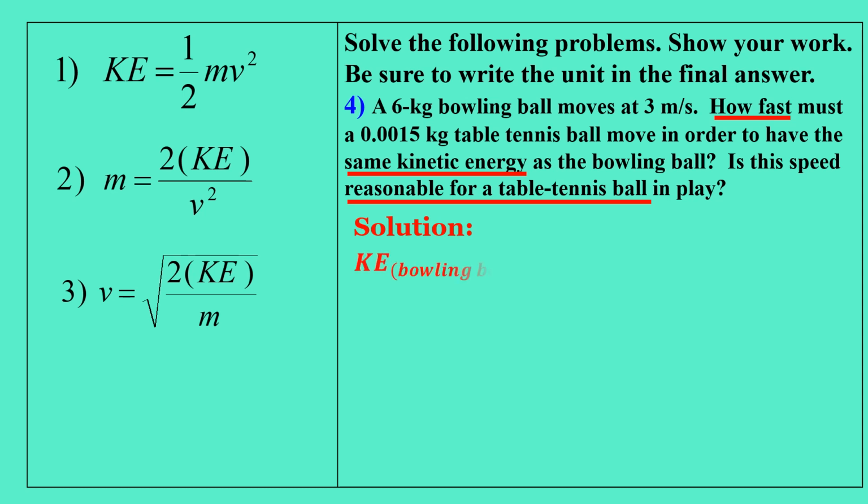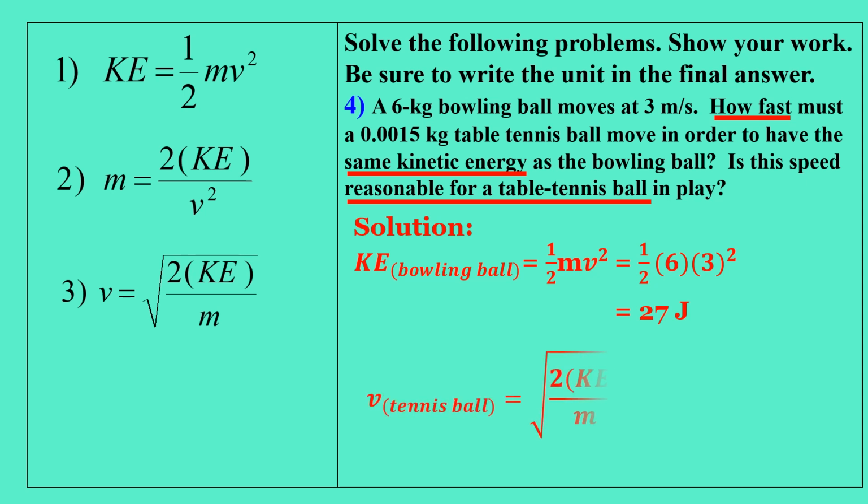Kinetic energy of the bowling ball is 1/2 mv squared. Substituting and simplifying, we get 27 joules. Now, we compute the speed of the tennis ball using the kinetic energy of the bowling ball.